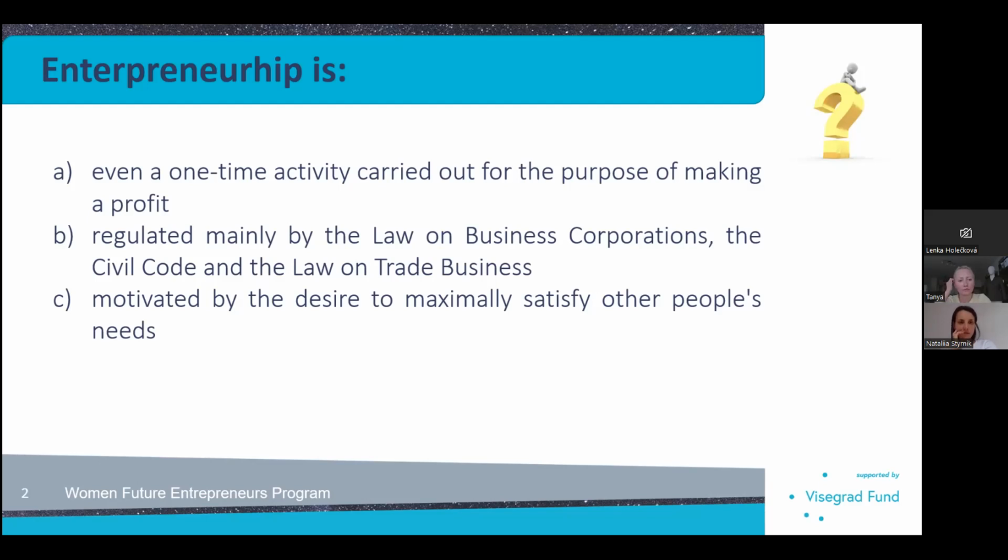And C is nice. It's nice to think about motivation regarding the desire to satisfy other people's needs. But in fact, it's just our desire, because the main purpose is to make a profit. Yeah, it's relatively cruel, but it's the fact. So B is the most correct answer.